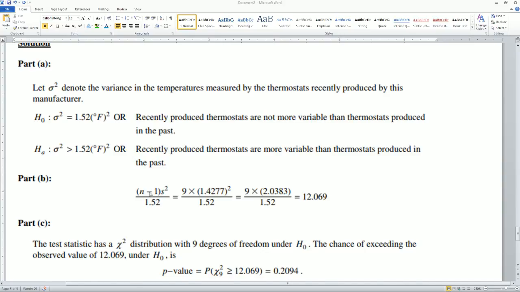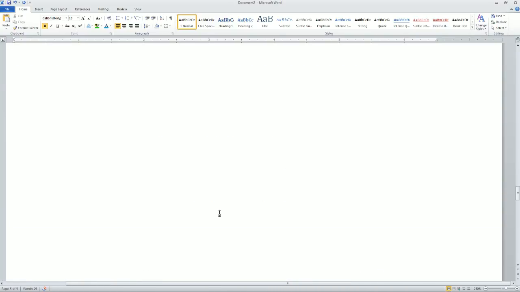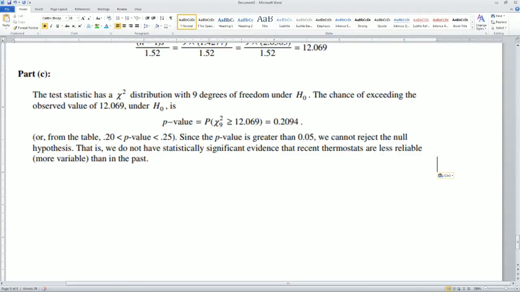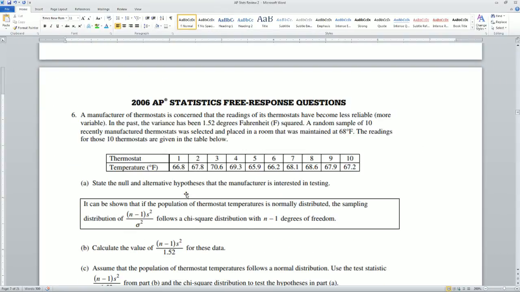Or you could use the data here and figure it out if you want, but that's going to take you too much time. It's the same process. Does that make sense?